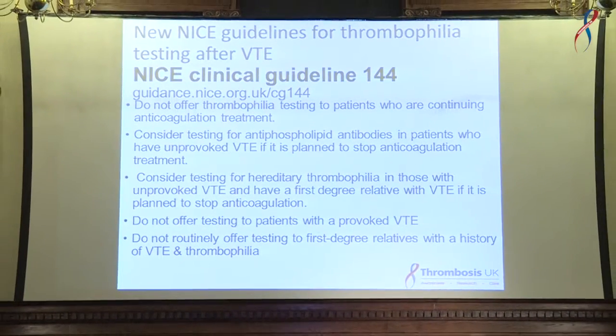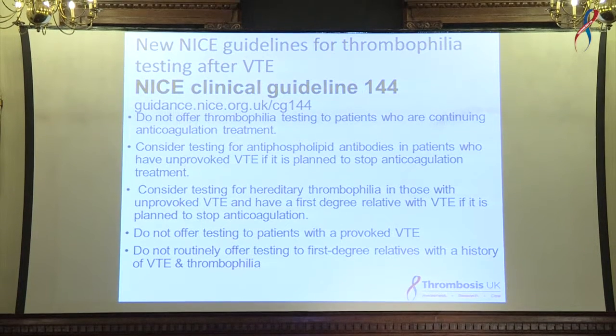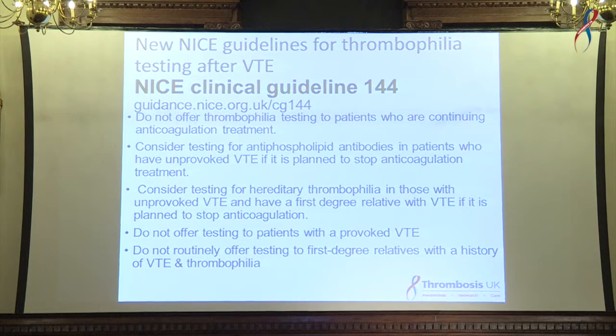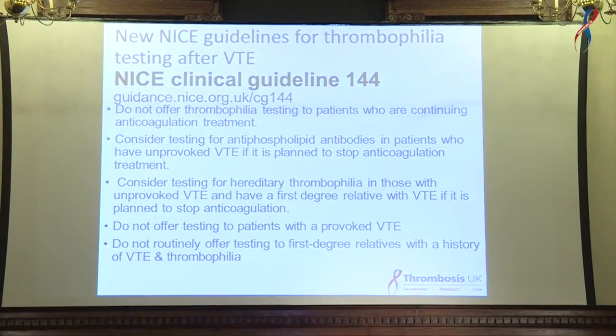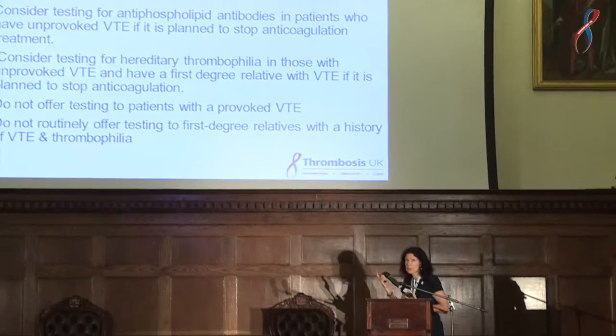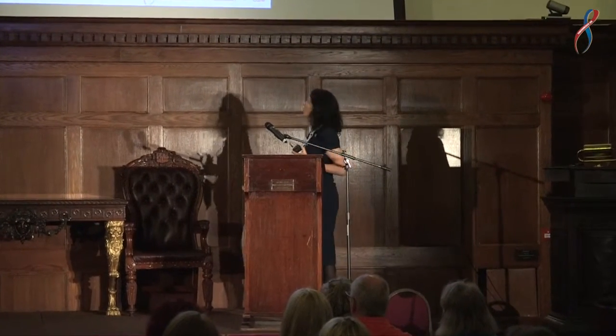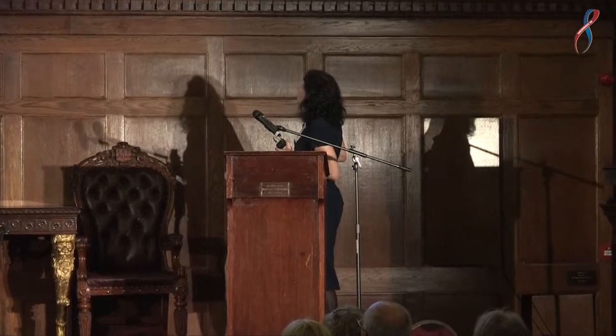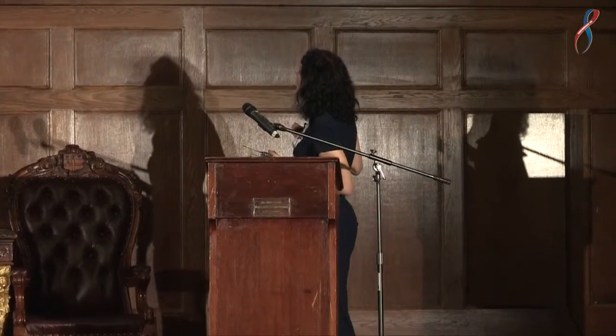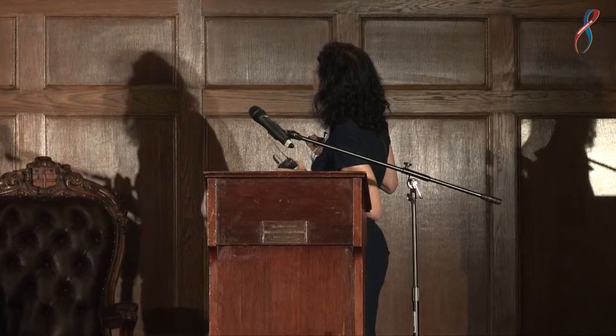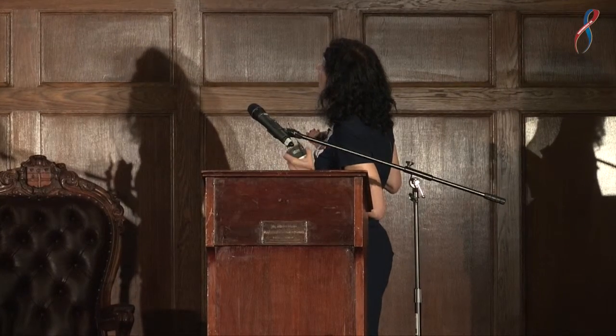So it's sort of saying, if you know someone's got a really bad problem, so if they've had a blood clot out of the blue and they've nearly died, you're going to probably continue long-term anticoagulation. You're not going to want to stop the anticoagulation, which you'll need to do to check them for thrombophilia. It's not going to affect your treatment, so you carry on. Consider testing for antiphospholipid antibodies in patients who have unprovoked blood clots, and it is planned to stop treatment.